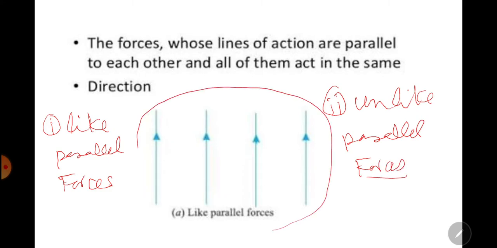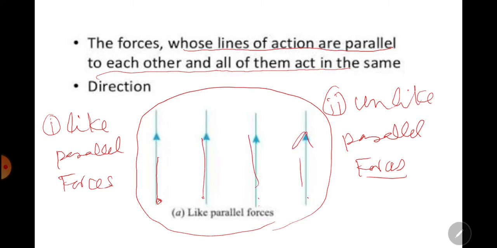This is an example of like parallel forces: their lines of action are parallel to each other and all of them act in the same direction. Here there are four lines, and at minimum you can take two lines. The lines are parallel and acting in the same direction, so they are called like parallel forces.